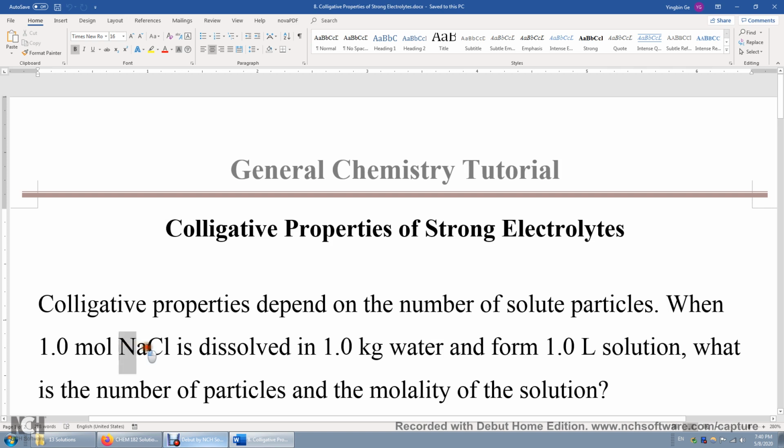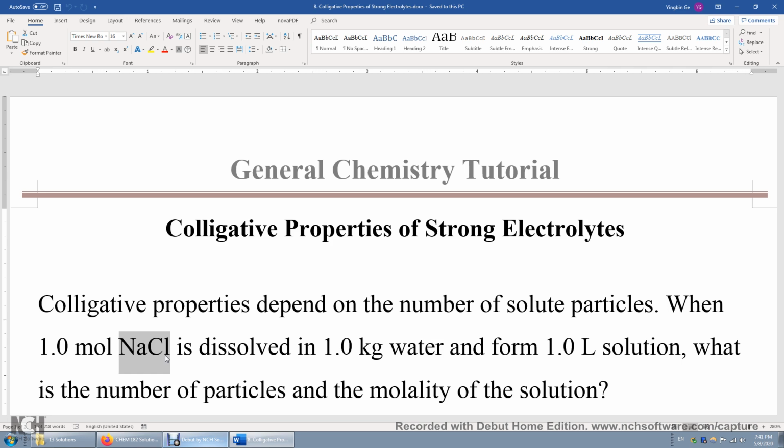Now, what if you add, for example, aluminum chloride? That's AlCl3. And then 1 mole aluminum chloride decomposes into 1 mole aluminum ions and 3 moles of chloride ions. So you create 4 moles of particles.